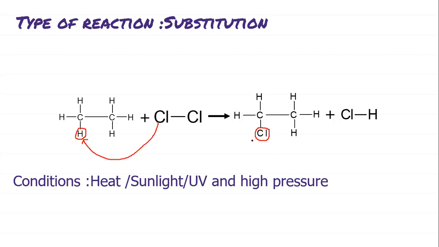Remember, when you substitute, you remove one atom, and after removing that atom, you place a different atom there. You can't place the same atom. So you can see that I have removed the hydrogen there, and I have substituted it with chlorine. And that is why we say the type of reaction that is taking place here is definitely substitution.